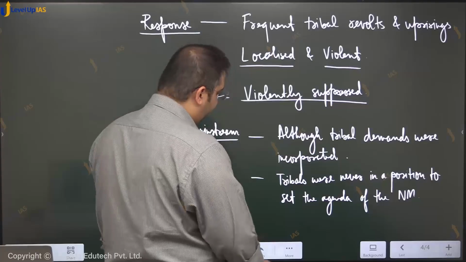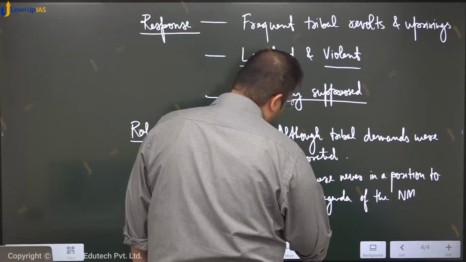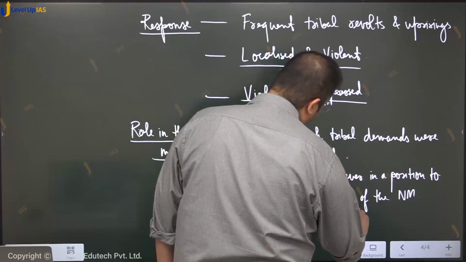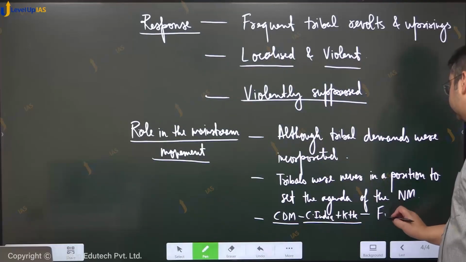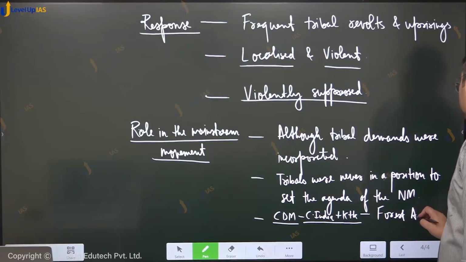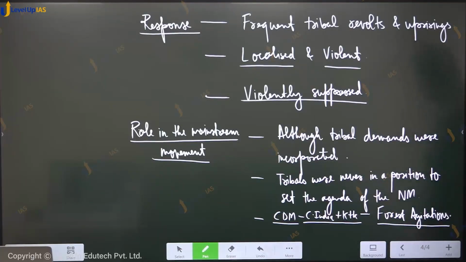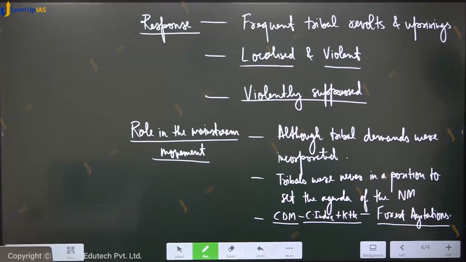For example, we find that during the civil disobedience movement in central India and parts of Karnataka, there were forest agitations, which called for the violation of forest laws, which had given ownership of the forests and their resources to the government. To violate these laws, some tribal communities participated during the civil disobedience.